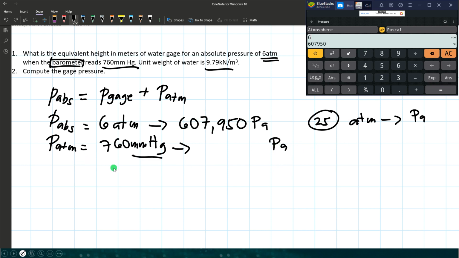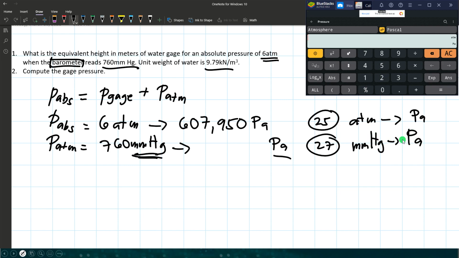For mmHg or mm of mercury to Pascal, in your calculators for Casio 991ES or 570ES Plus, press Shift, Convert again, and select or input number 27. Number 27 there is mmHg to Pascal.